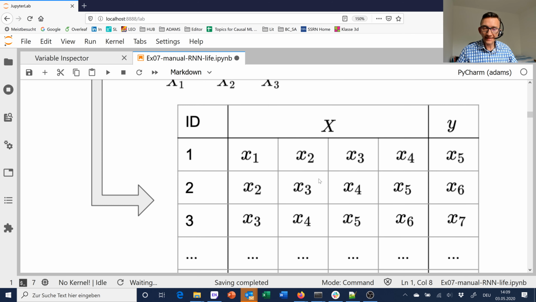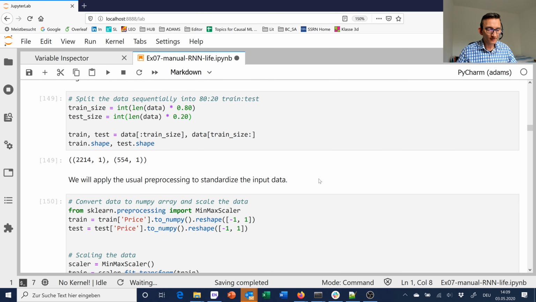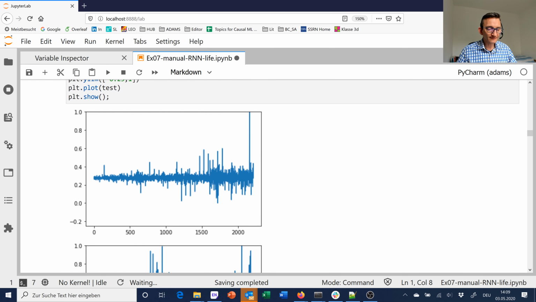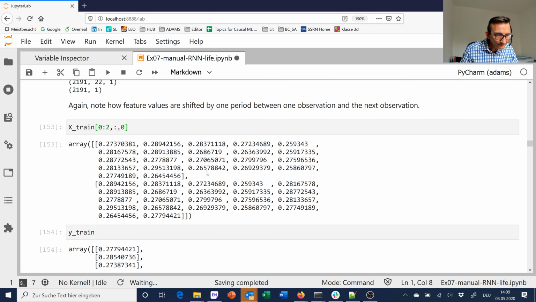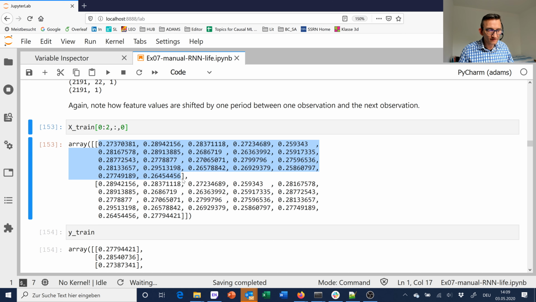It's hard with all these tiny numbers because everything is scaled to the interval 0 to 1, but let's give it a try. That is X. You see it's a 2D array. If I extract it like that, I get a 2D array. That is the first sample. That's the first observation.